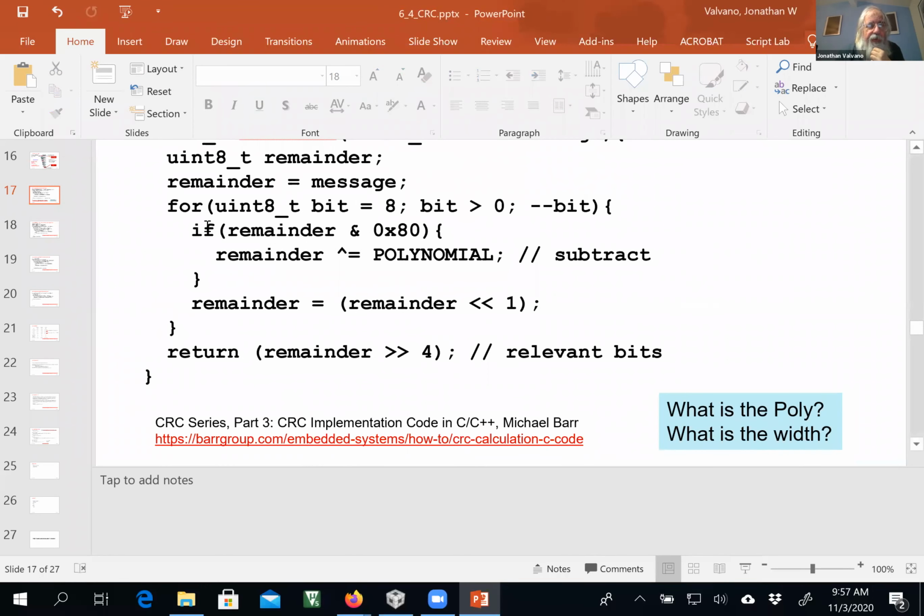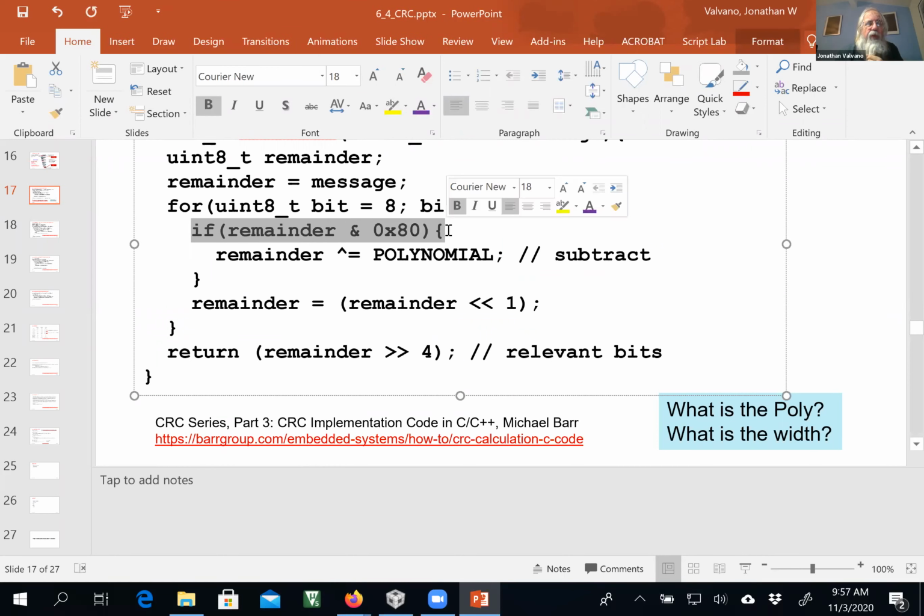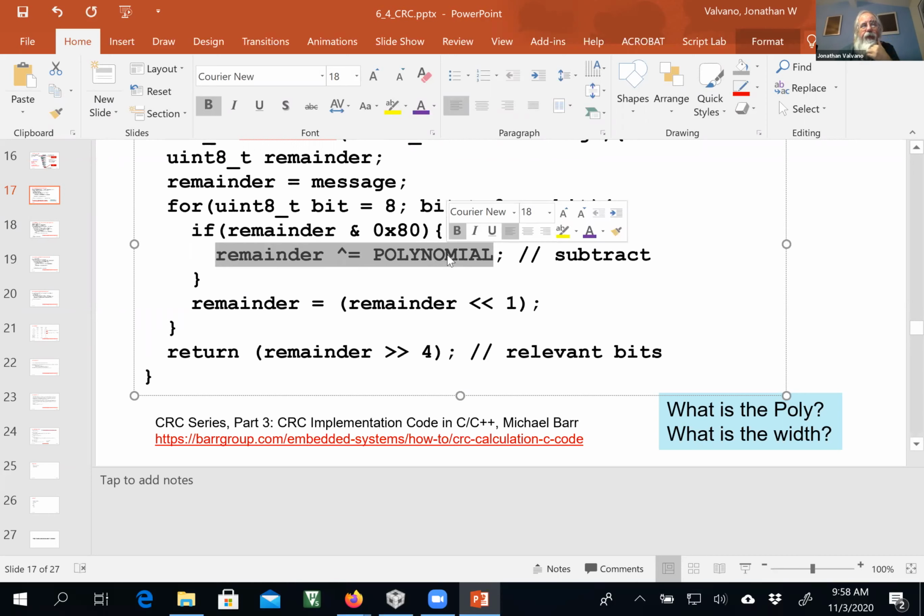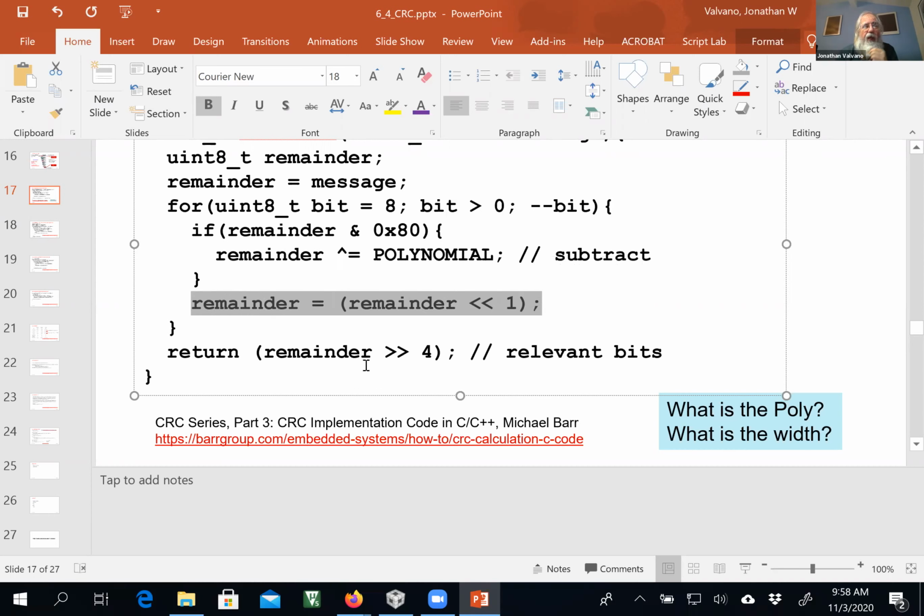This line of code decides whether or not the most significant bit is 1, and then the subtract operation is the same as the add operation, which is implemented with an exclusive OR. And then rather than shifting the polynomial off to the right, it shifts the dividend off to the left and does it 8 times.